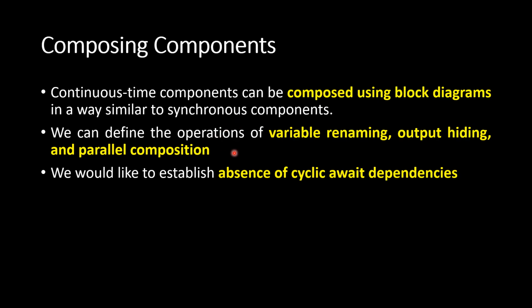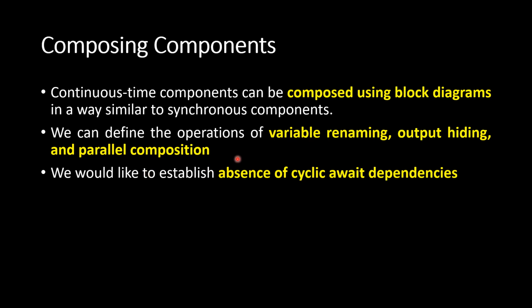So what operations can we do on those components? We can do variable renaming, we can do output hiding, and we can do parallel composition. Whenever we are combining components, we rename them for clarity, and if we want to hide the intermediate outputs we can do so and keep only the final output, or else we can go for parallel composition of outputs.